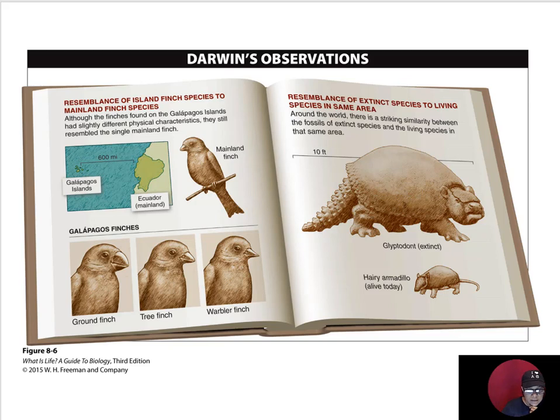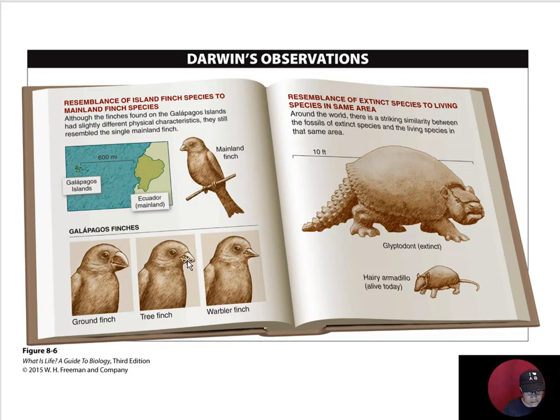And what Darwin observed was he took a look at the finches, the birds that were there, both on the mainland of Ecuador and also in the Galapagos Islands.